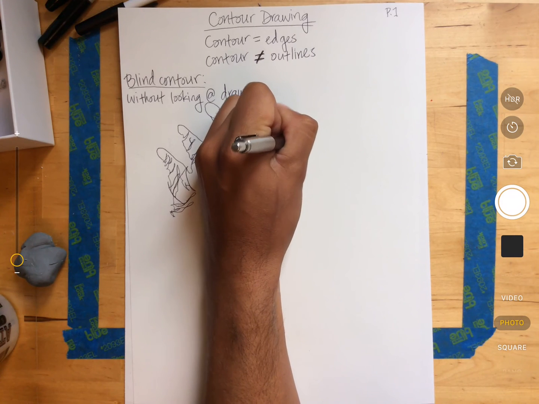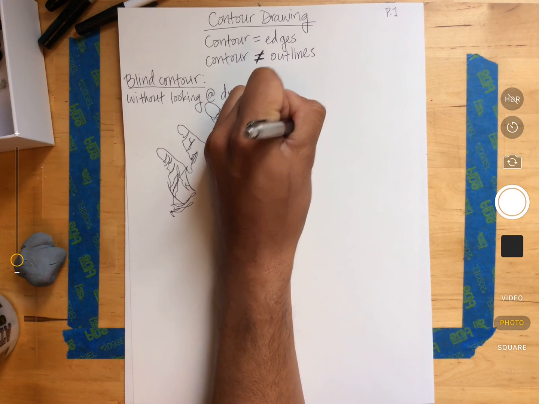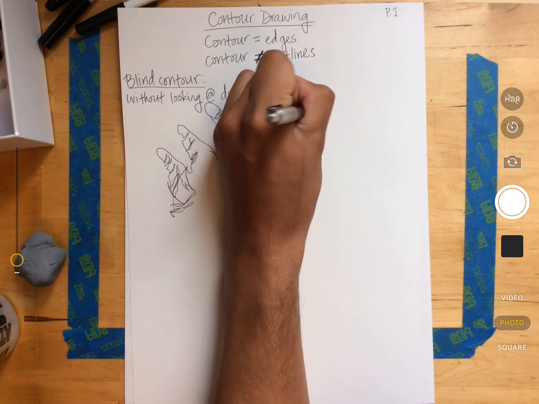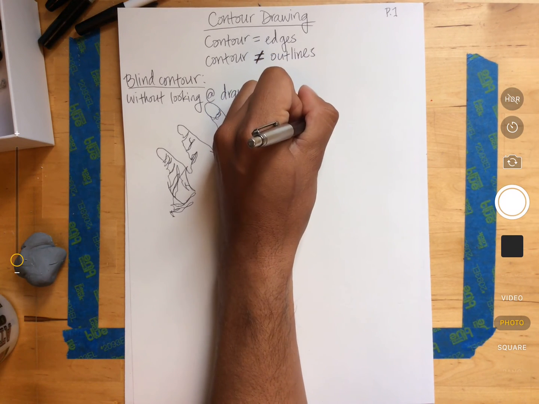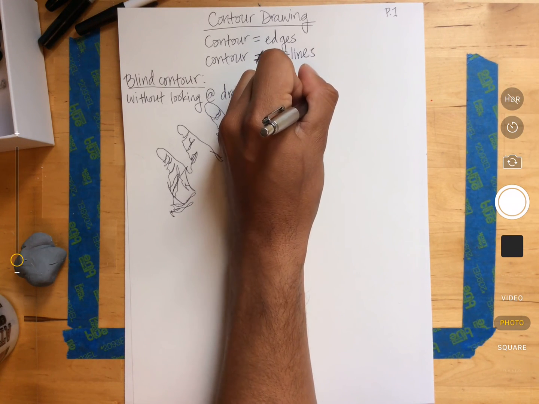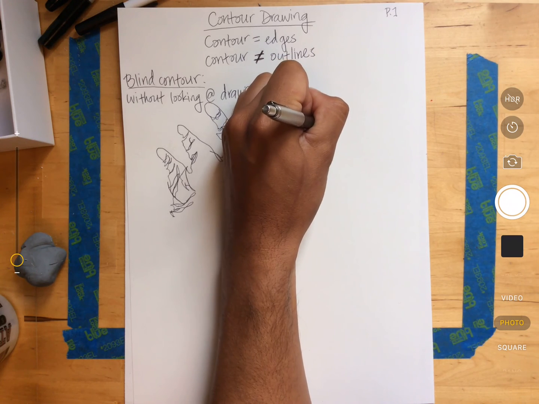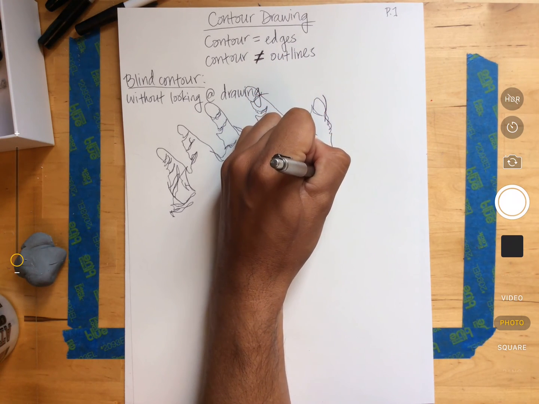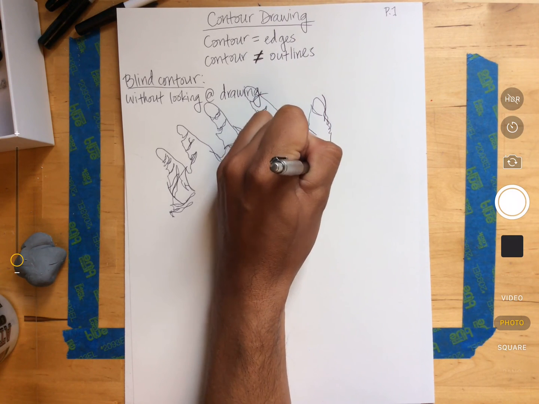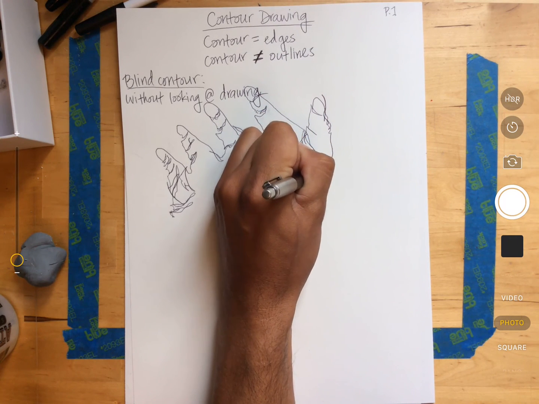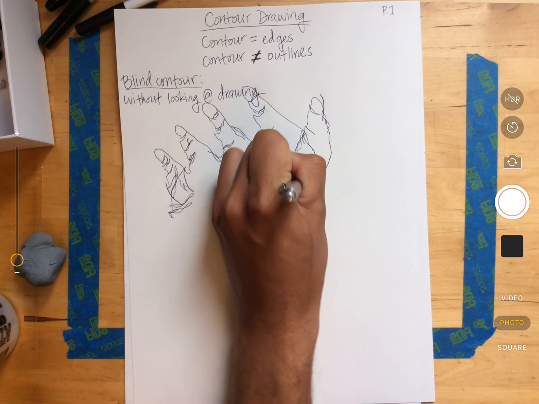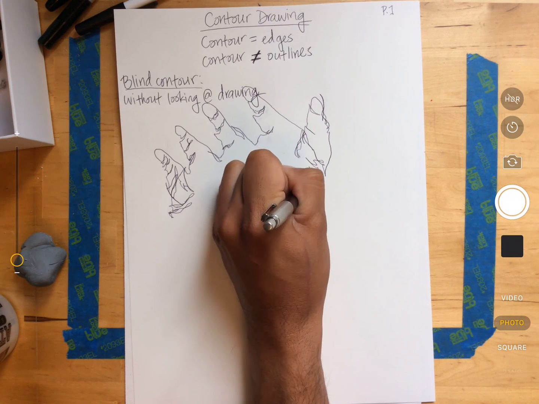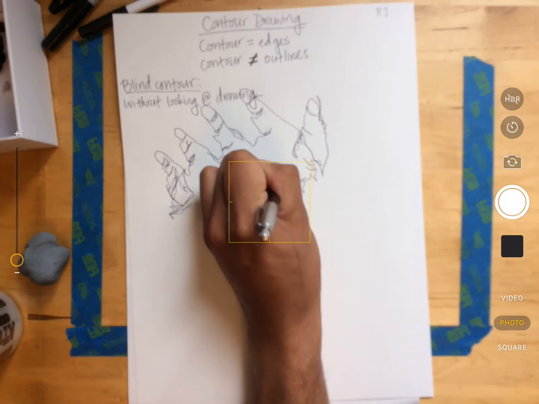And there's some creases in my thumb and my palm. And then my fingernail, creases in my knuckle. And then over to the other side of my wrist, the meat part of my thumb. And now I'm at the other side of my wrist with the creases.